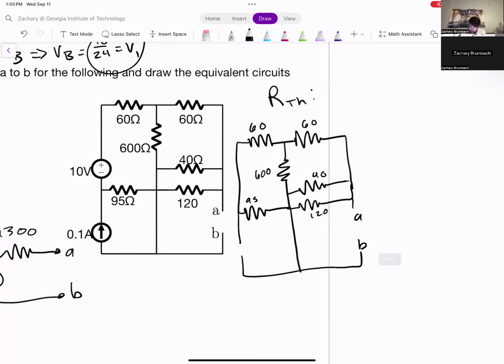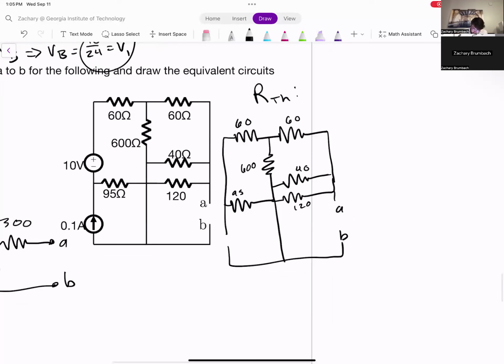Another way that I'll rewrite this is just a bunch of hanging wire out here at the bottom. So I'm just going to call this here B. We're just trying to find their equivalent resistance here.